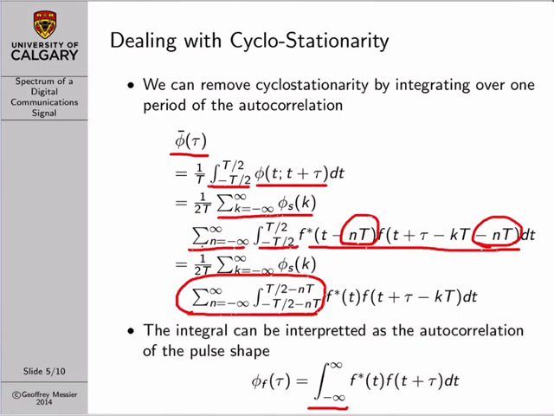When n is equal to 1 in the summation, we integrate from minus T over 2 minus T to T over 2 minus T. When n is equal to 2, we integrate from minus T over 2 minus 2T to T over 2 minus 2T, and then we keep adding these terms together. And so the summation and the integral working together is just equivalent to integrating from minus infinity to infinity.